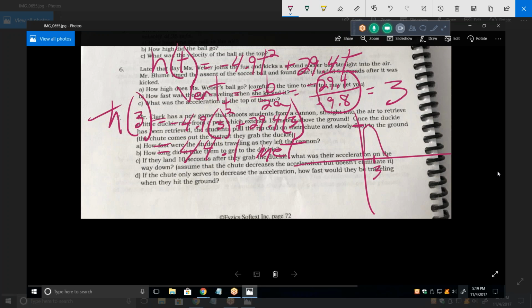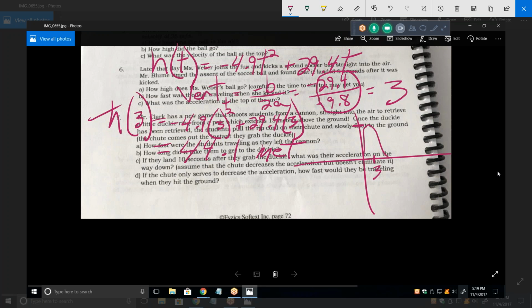Mr. Bloom timed the ascent of the soccer ball and found that it landed 6 seconds after it was kicked, which would make sense, since its vertex would occur at 3 seconds, halfway. I don't think we missed anything.